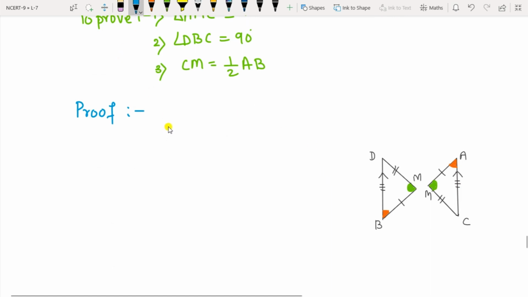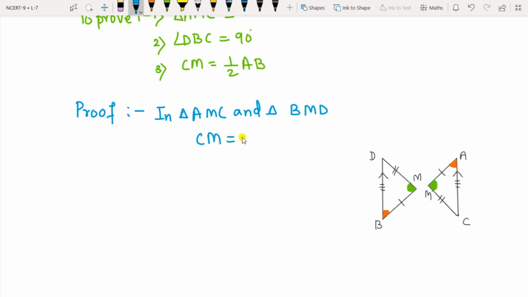First one, in triangle AMC and triangle BMD. You can see the triangle here. So whatever is given equal, write it. So CM is equal to DM. You can see the symbols, those are same here, those are equal. So that is given.